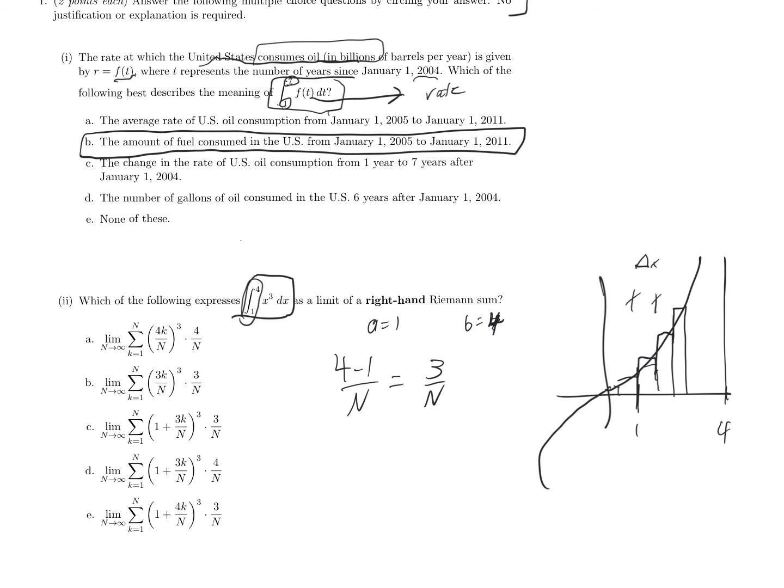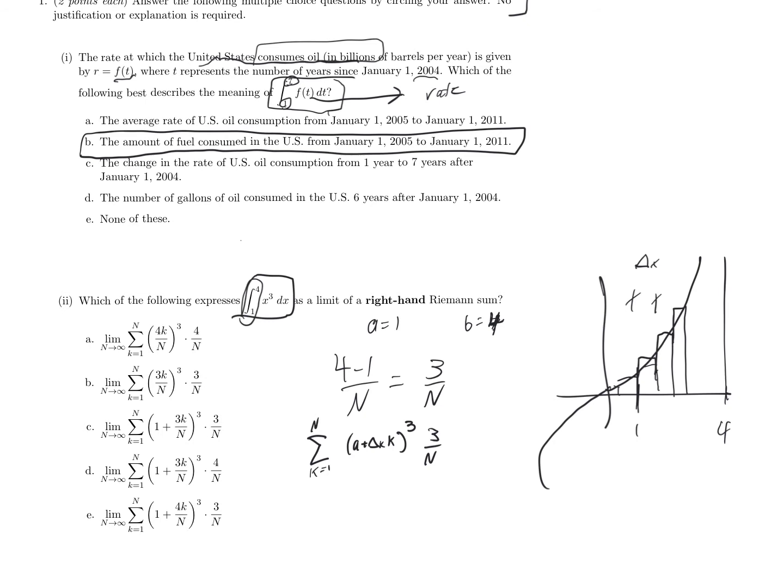Using my formula for a right-handed sum, which is where we take the sum of whatever my function is, in this case it's a thing cubed. The thing that I cube is actually going to be a plus delta x times my counter. My counter here is k. It's just my index. I go up to n and I multiply by 3 over n.